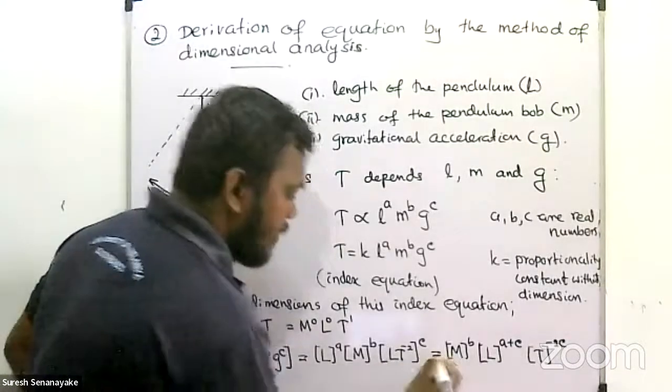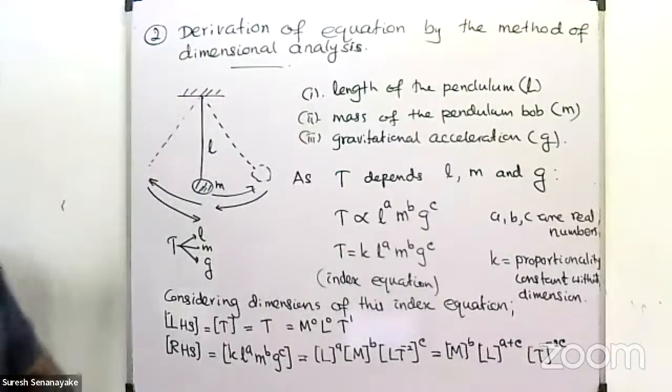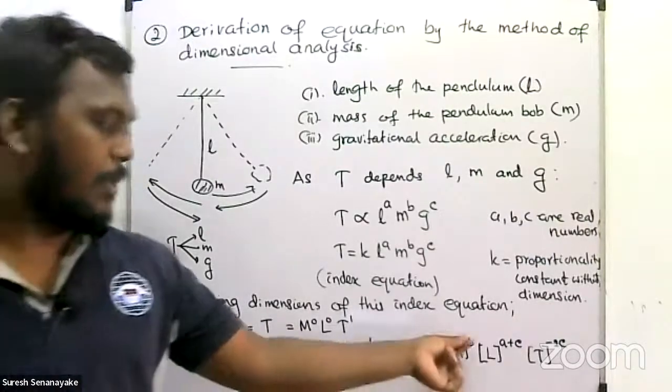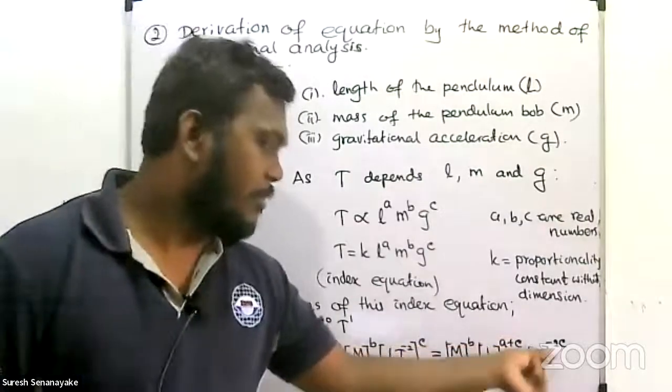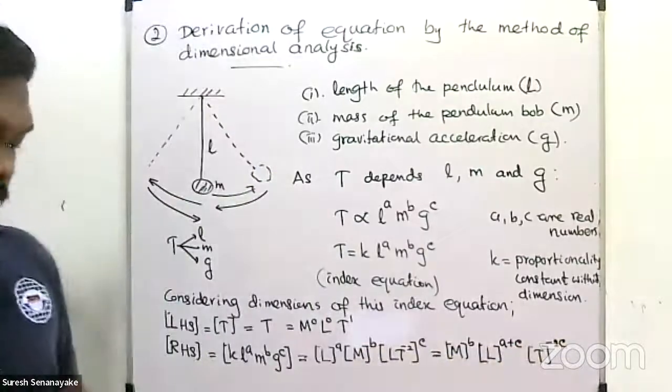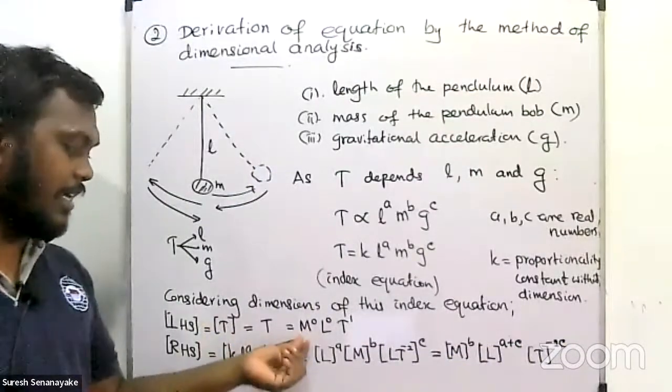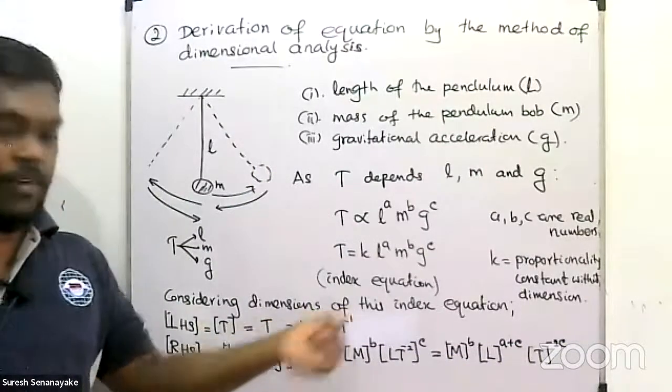Now you can write the right hand side dimensions: M to the B, L to the A plus C, and T to the minus 2C. And in the left hand side, M to the 0, L to the 0, and T to the 1.